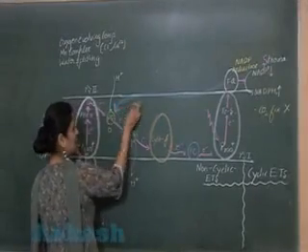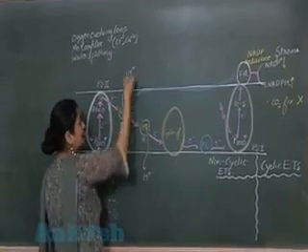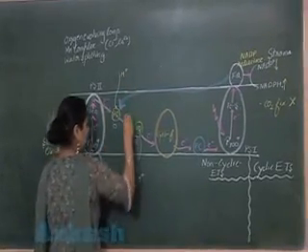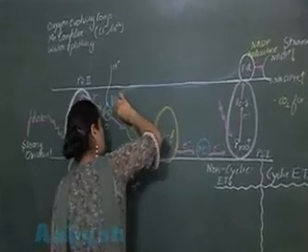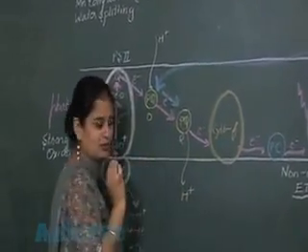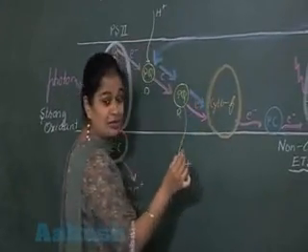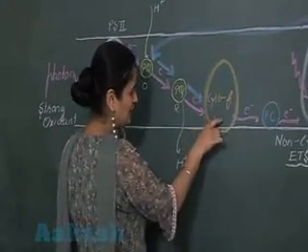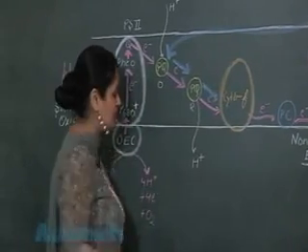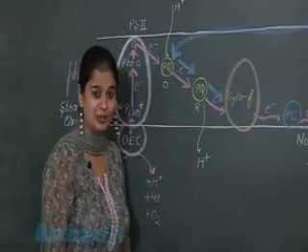And plastoquinone will take the electron from ferredoxin, and you know it is a hydrogen carrier. It will pick hydrogen ion from the stroma. Then from plastoquinone, oxidized state, reduced state is formed. Then plastoquinone, same thing, it will give the electron to the cytochrome b6f, but the cytochrome b6f cannot accept the hydrogen ion, so the hydrogen ions are pumped in the thylakoid lumen.